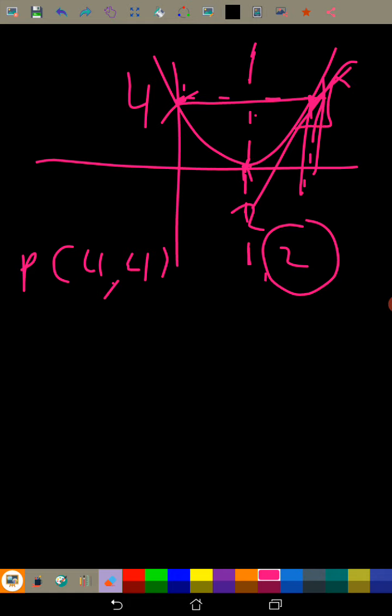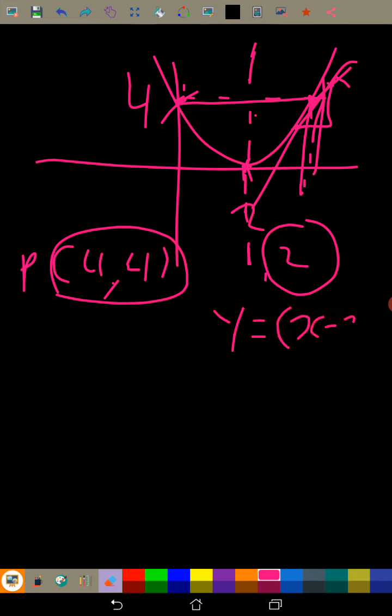If we draw a tangent, we want 2 points here that are not necessarily on the curve, but it should preferably be on the curve. So how to do this? We have y is equal to x minus 2 squared.